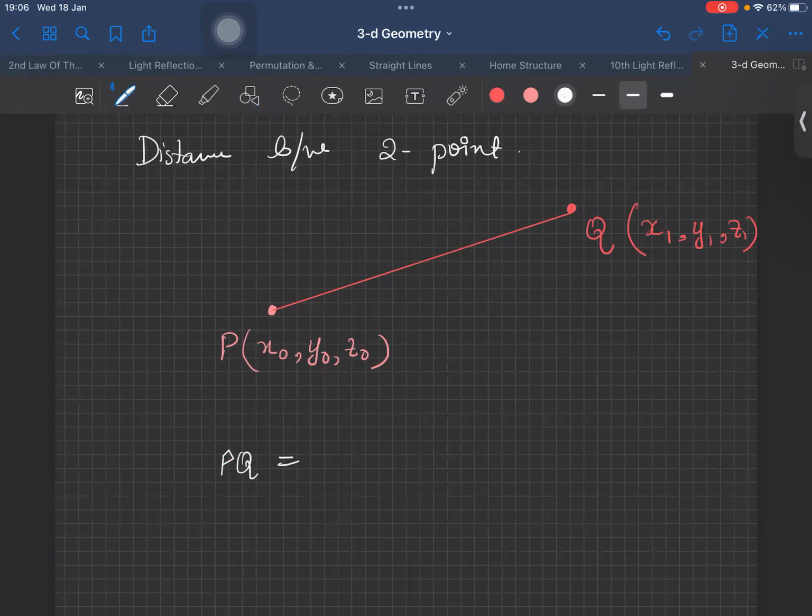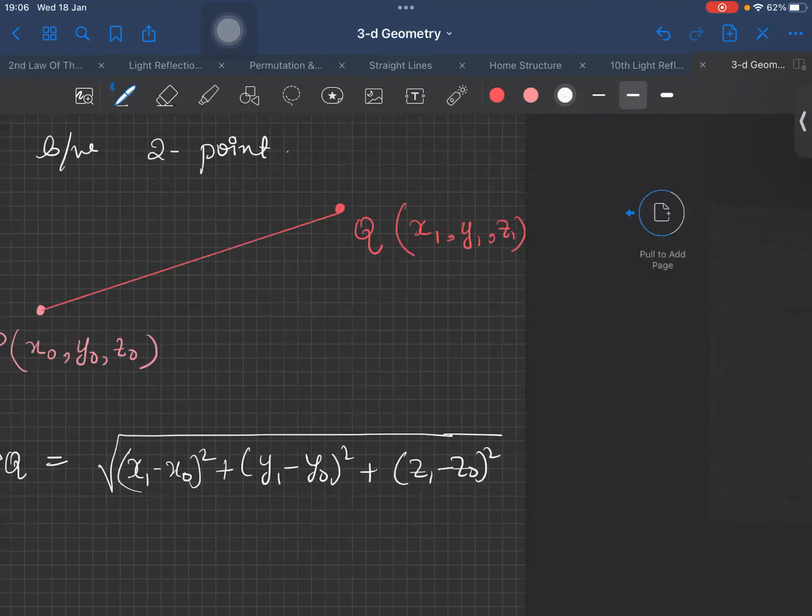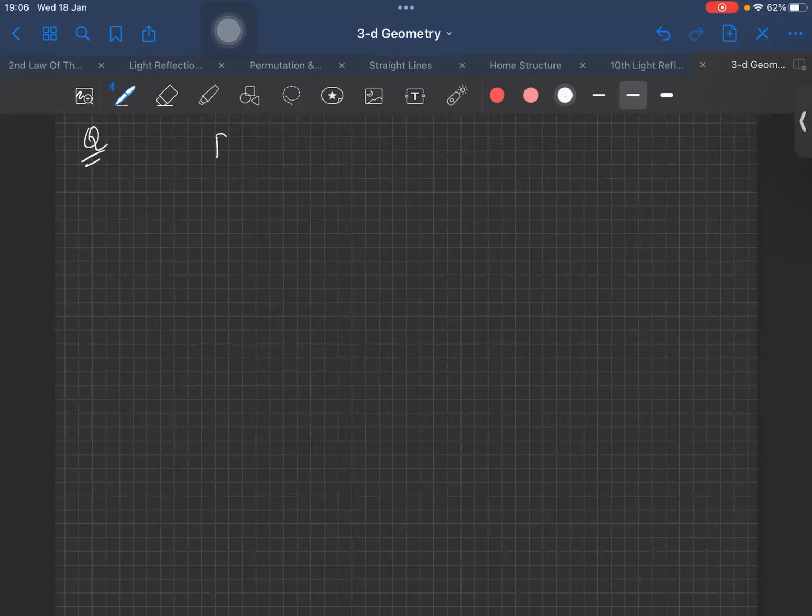PQ will be equal to the square root of (x1 minus x naught) whole square plus (y1 minus y naught) whole square plus (z1 minus z naught) whole square. So that will be your formula.